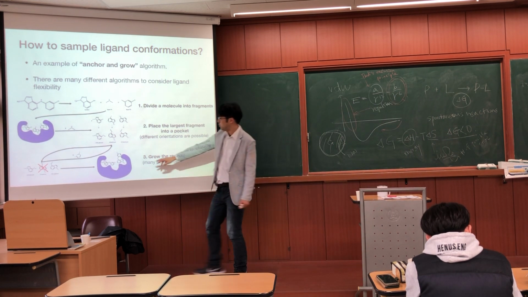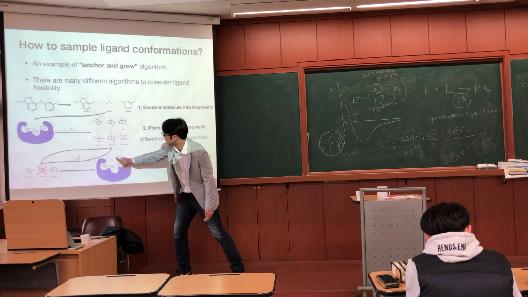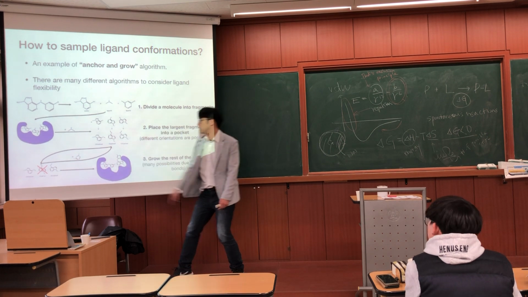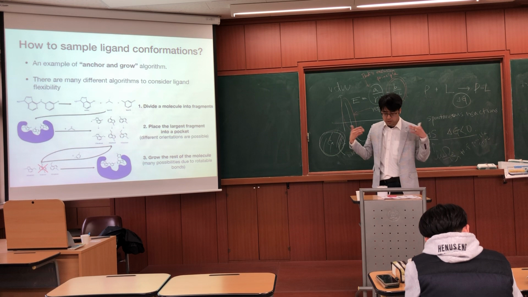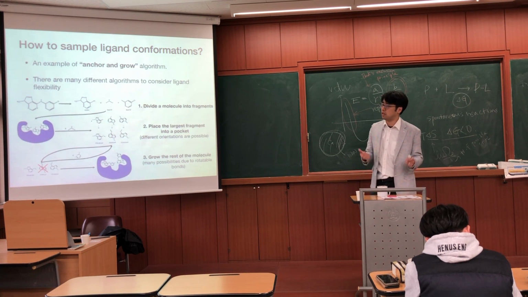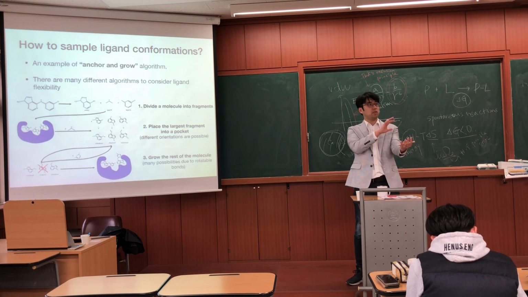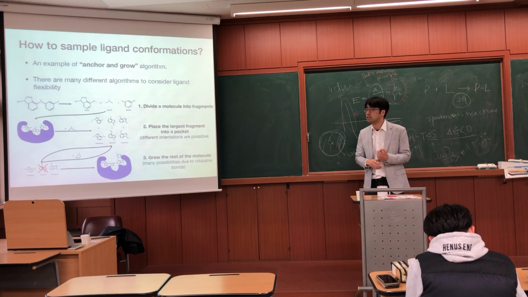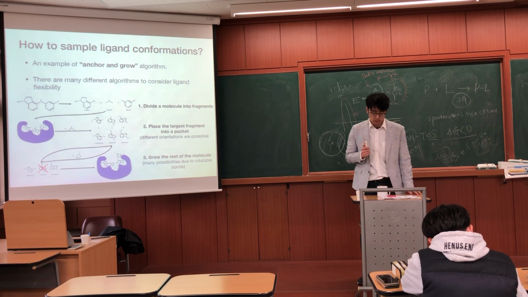For example, they started from here and grew the rest of the molecule like this, or they started from here and grew the rest of the molecule like this. There are many ways to generate possible structures, but the key point is that the ligand can bind to a protein in multiple ways, and among them, we have to find the best structure. So okay, that's it.